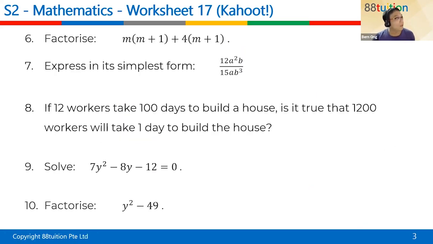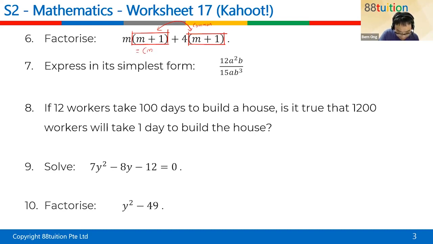Question 6, 7, 8, 9, 10, a quick one. Down here, number 6. I reminded you not to expand. Why? Can you see that this is also considered a common term? M plus 1 and M plus 1 is the repeated item. If they are the repeated item, they are what we call the common term. So what do you do with the common?